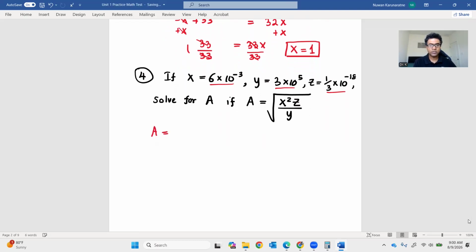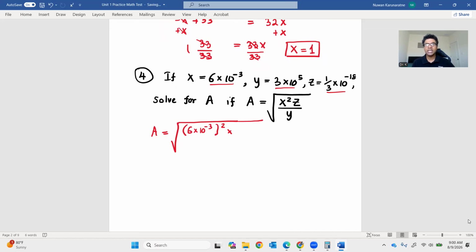A is equal to square root, and then I'm going to directly substitute for x squared, z, and y. So x squared, first look what I'm going to do. I'm just going to write down that number in its scientific format. And then look, it's x squared, right? So I'm going to square that number, times, you don't need to put the multiplication, but I'm going to just put it.